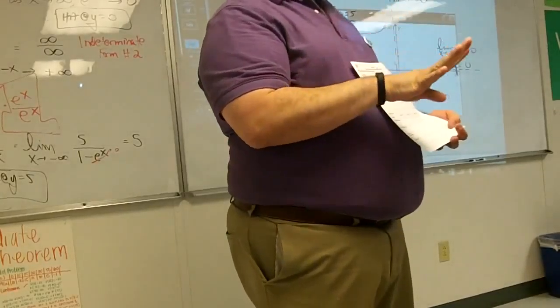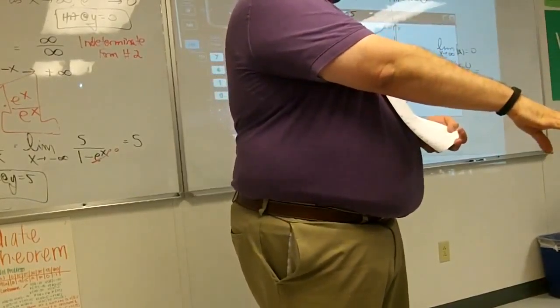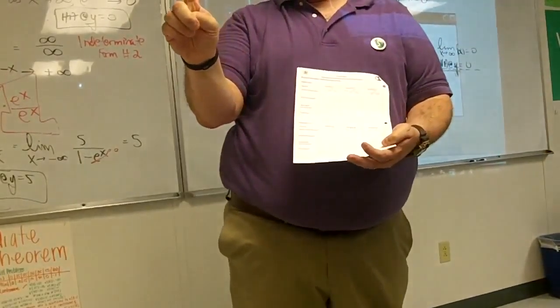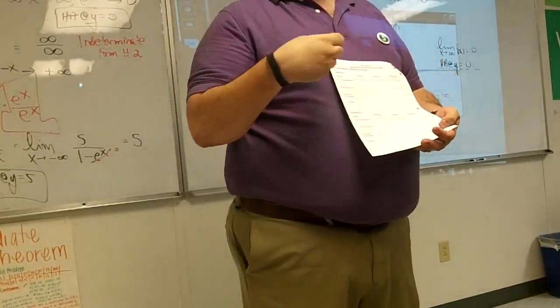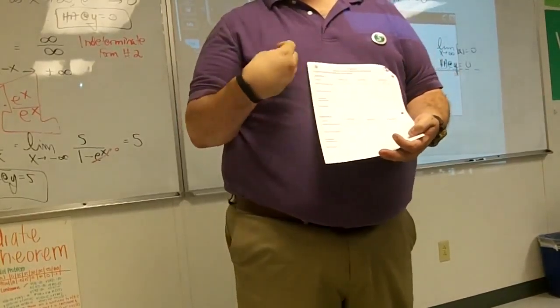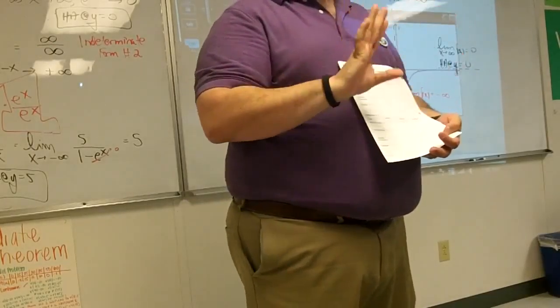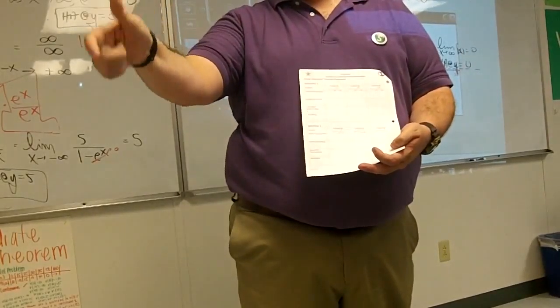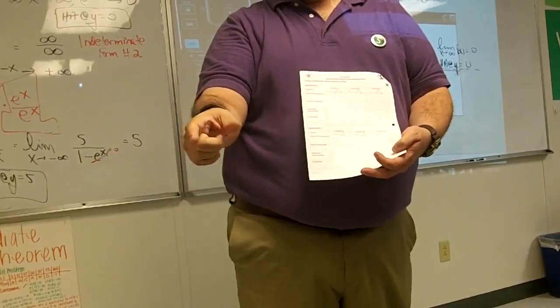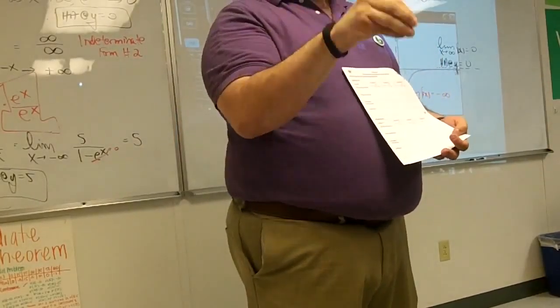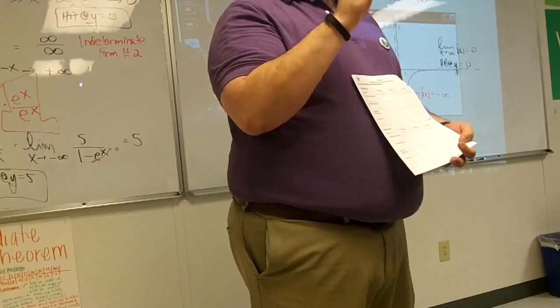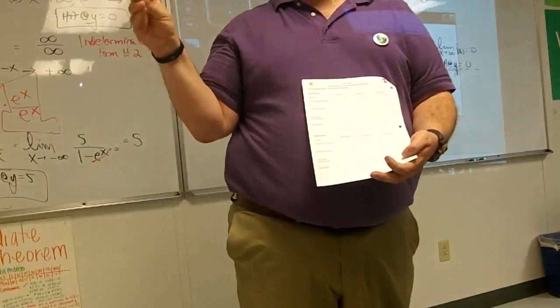You have 4 minutes to work with your team on that one problem. I want all the limit notation. I want it all. And then I'll check in with all 6 groups, and then I'm going to switch you up and you're going to teach someone else how to do that problem that you just did. Every single one of you has to walk out of this first 4 minutes ready to teach someone else.